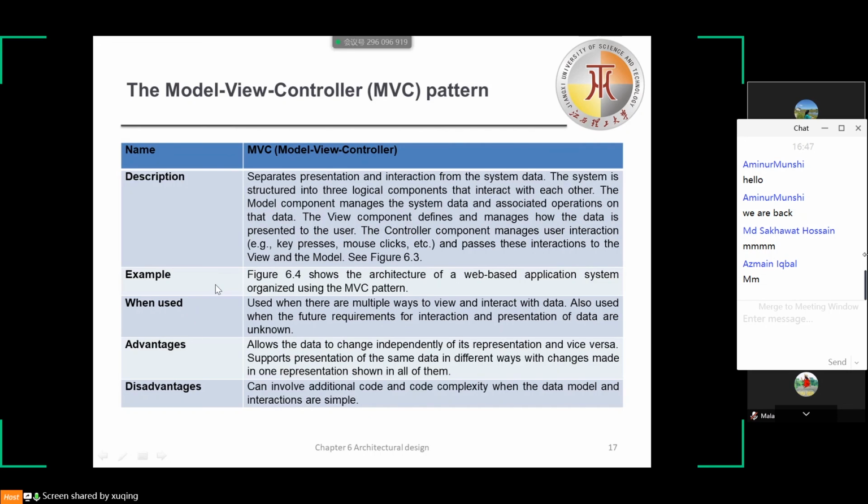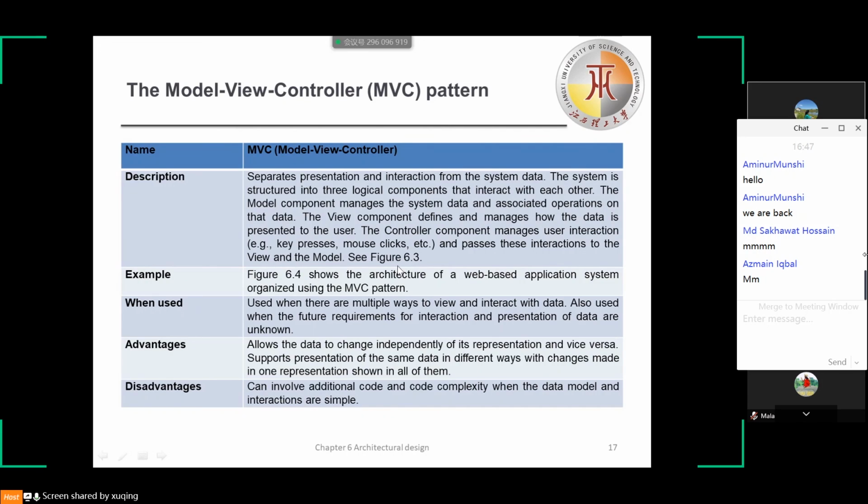Again, for the example, we may also have a diagram, a graphical model. We should also include some information about when the pattern should be used and its advantages and disadvantages.